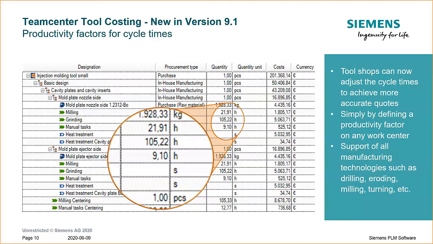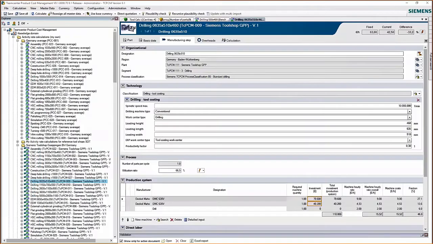And I would like to show you how we do that. Now we have here our calculation again. On the left-hand side, you see, for instance, here the Germany plant location, but it applies for every location or for any tool shop site. We're using, for instance, a drilling machine.